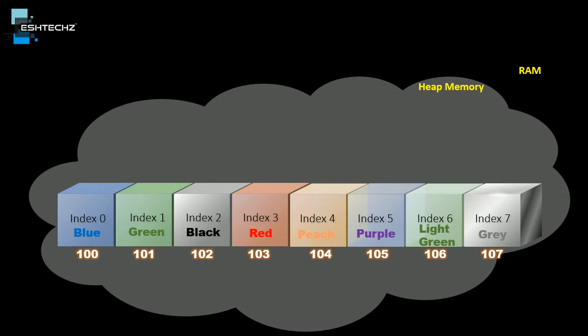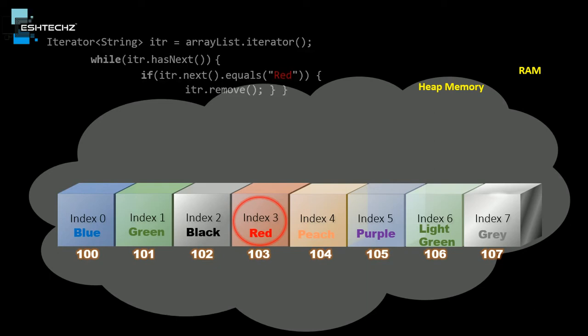Now this is the list that we have created in our previous tutorial. From this list, we want to remove the red element which is at index 3. In order to do so, we need to type Iterator of type String, and we need to create this iterator over the list using the ArrayList.iterator method, and inside the while loop we'll be checking the hasNext method, which will return true or false depending upon the element's availability, and inside the while loop we'll be checking if the next element equals red.